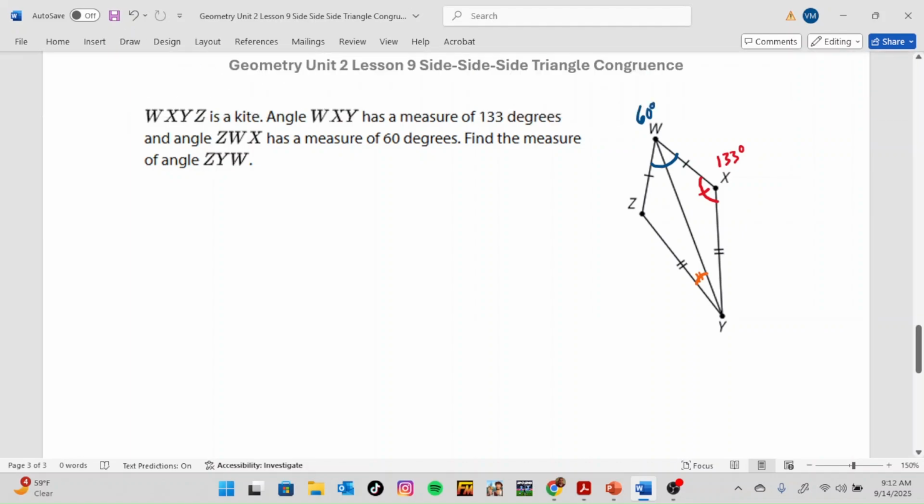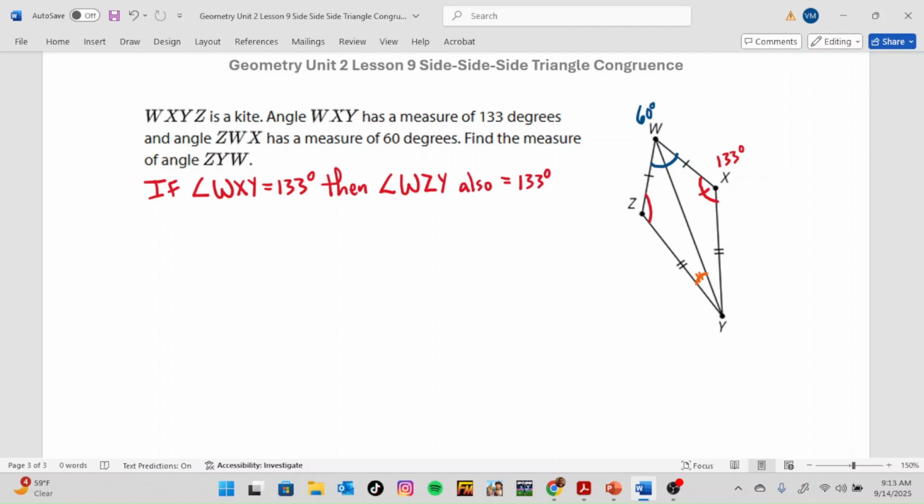So my first statement is if angle WXY equals 133 degrees, then angle WZY also equals 133 degrees. So I can draw that in.